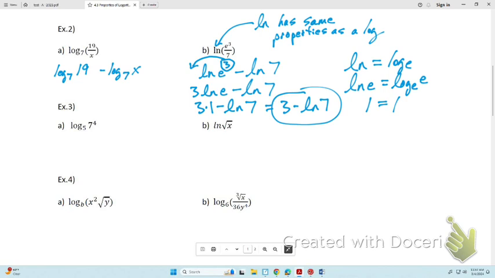On number 3, it backs up a little bit in difficulty. It's just the power rule. And we get 4 log 5 of 7. All right, part B and the rest are confusing because you need to make a radical an exponent. So let's review. If I convert this to an exponent, don't forget that we have a 1 right there and a 2 right there. Always, always.